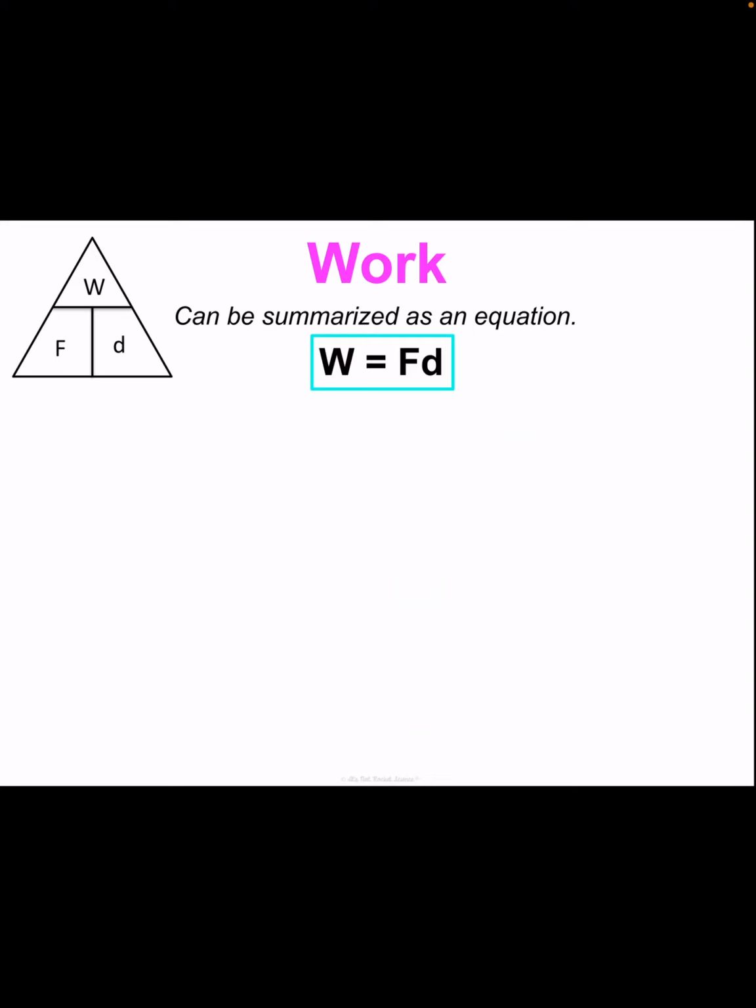Let's write down what each of these stand for. If you need to do this off in the margin area, that's fine, just as long as you're not running into the practice example or the problem there. So W is work. That one's pretty easy. It's just the letter W, and that's going to be measured in joules.